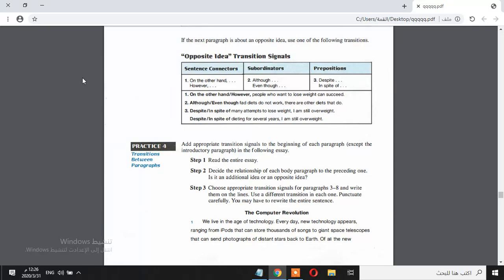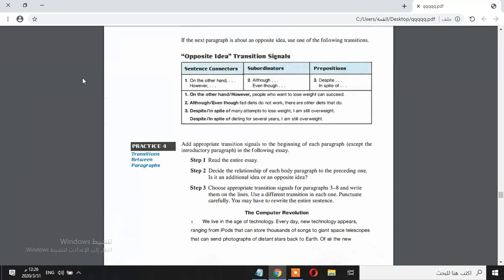The difference is not between varieties of English, but between structures, optional structures. You can choose this one or that one, provided that you know when to use them.